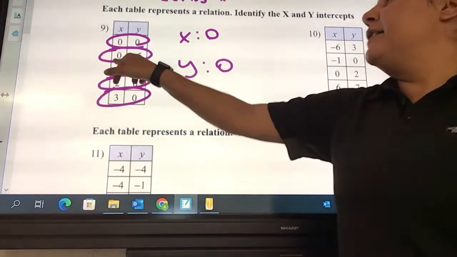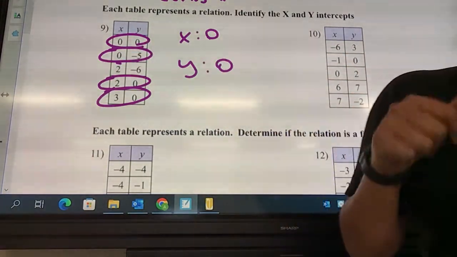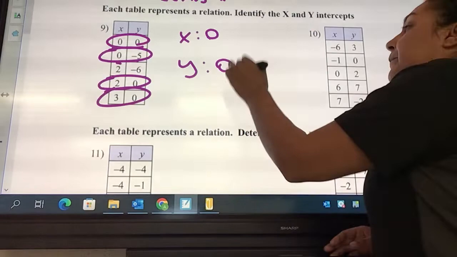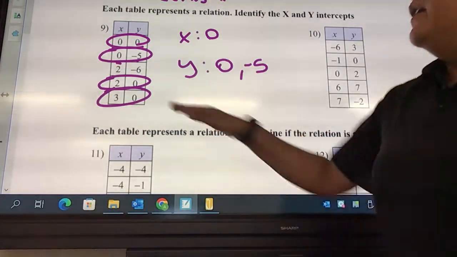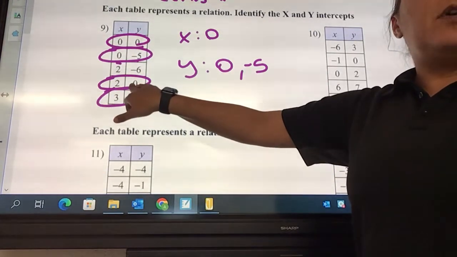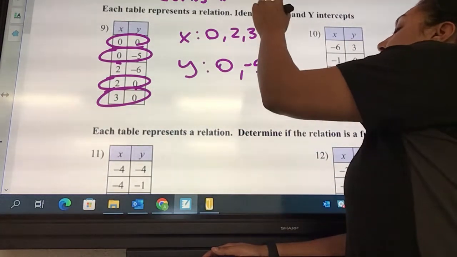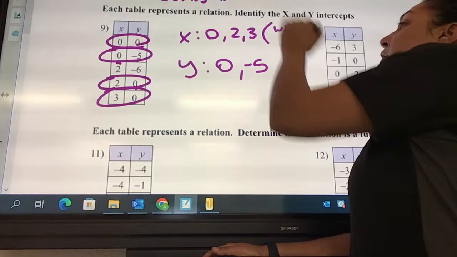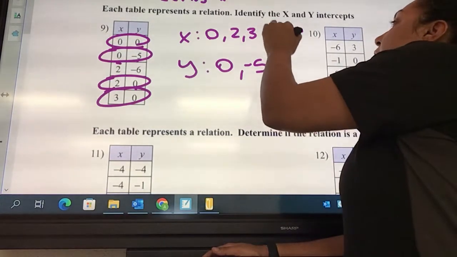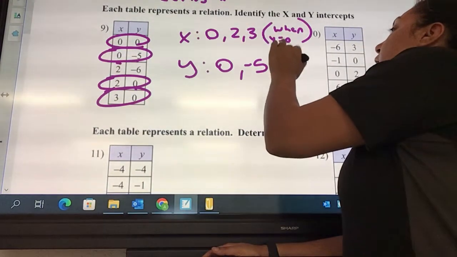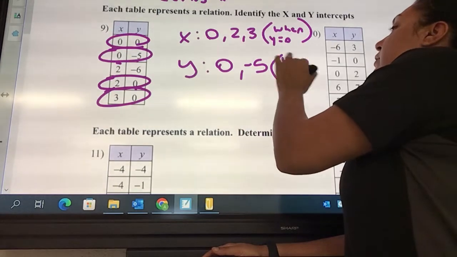X is 0 and Y is negative 5. So where does that go? The Y. The Y is 0, so what does that one go to? The X. We got 2, and then the 3 also goes here. So this is when the Y equals 0, and these are when the X equals 0.